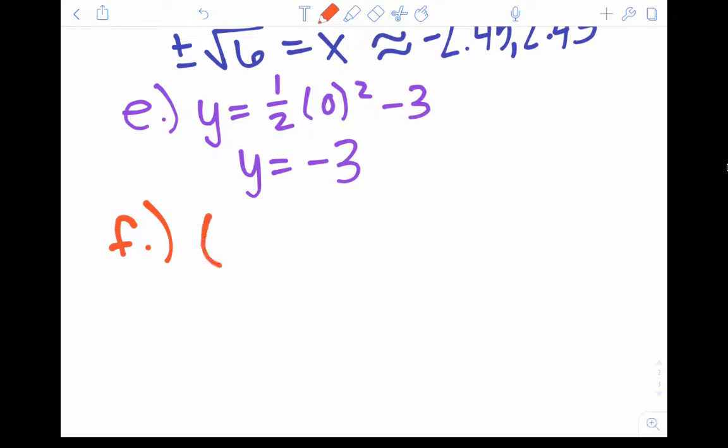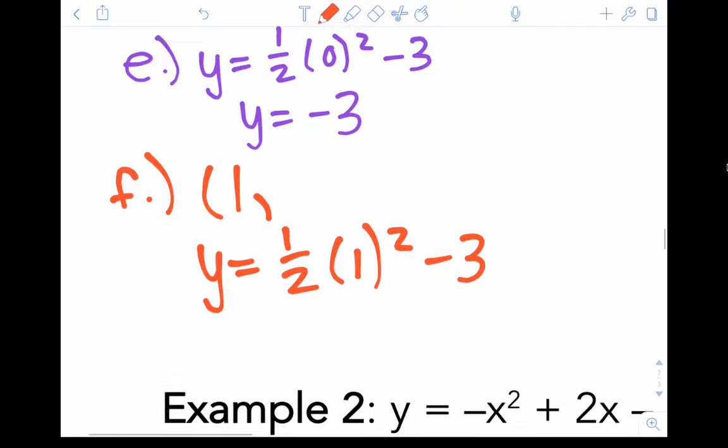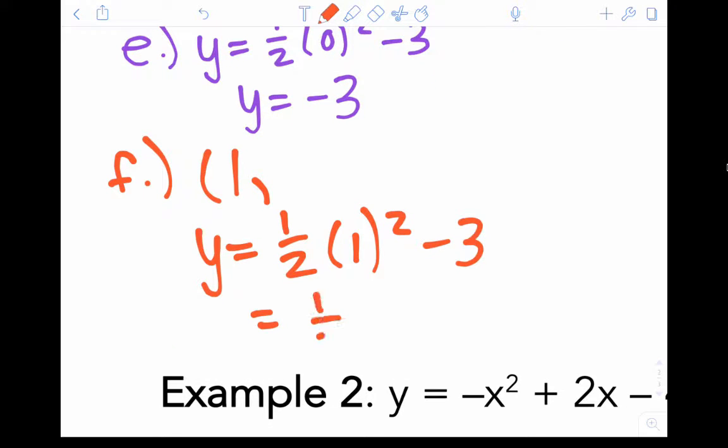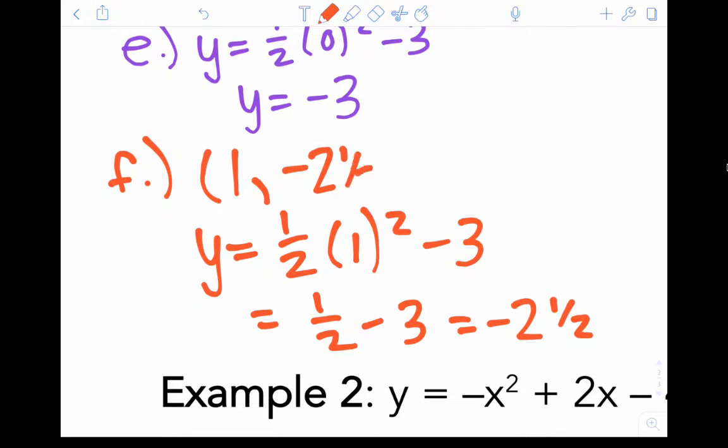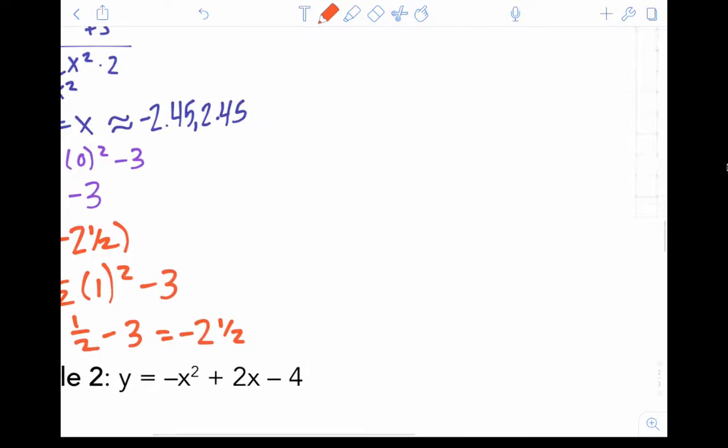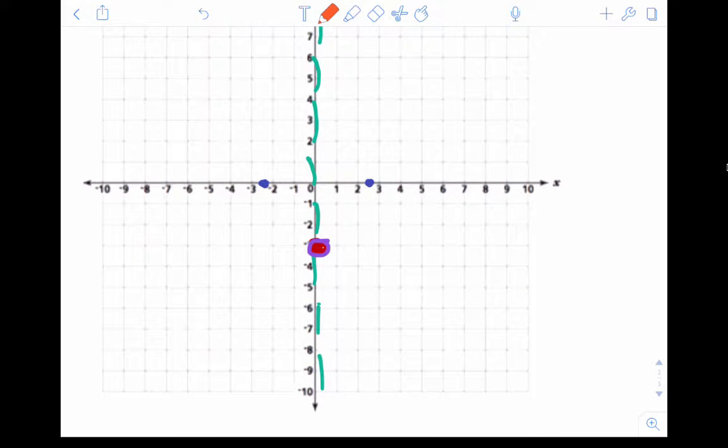So my question is, when x equals 1, what does y equal? Well, to figure that out, I need to plug 1 into the equation. So this is 1/2 minus 3, which is negative 2.5. So I'm going to graph that over here. When x equals 1, y equals negative 2.5.